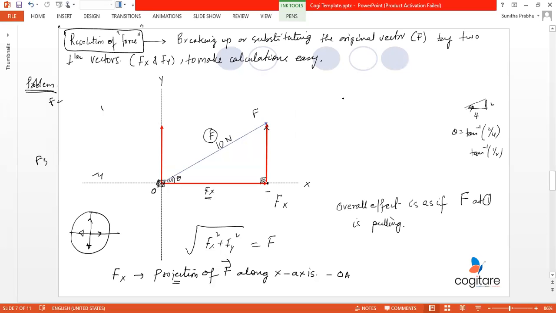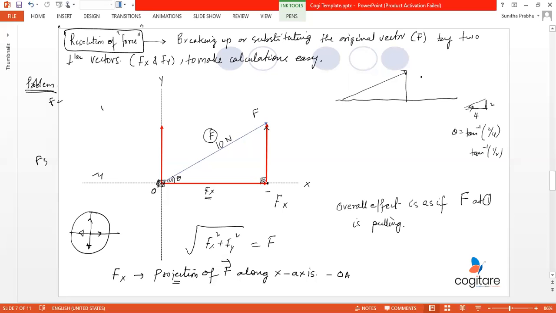So what I have done: whatever the force is, whatever the vector is, if I want it along the x-axis, I draw the x-axis, and from the end tip of the vector I drop a perpendicular onto the axis along which I want to resolve the force.